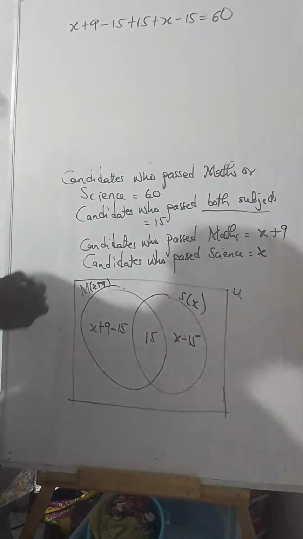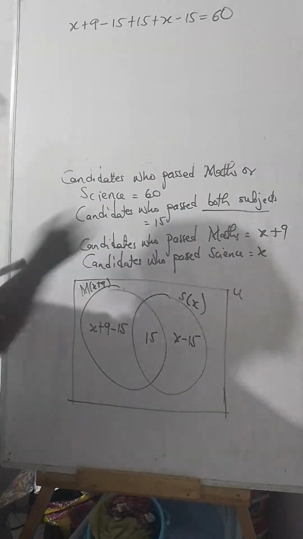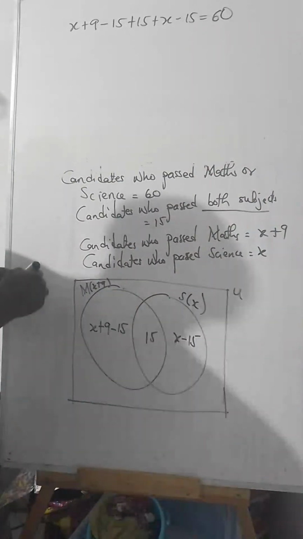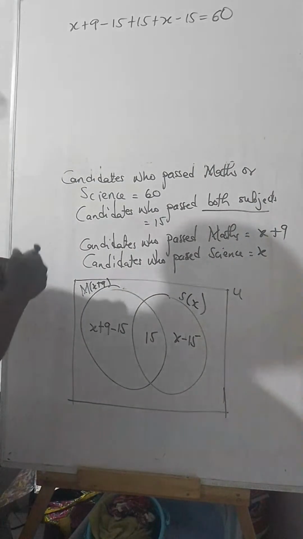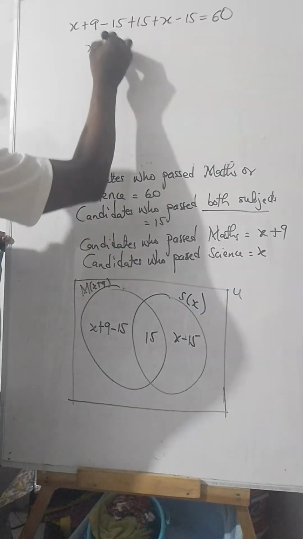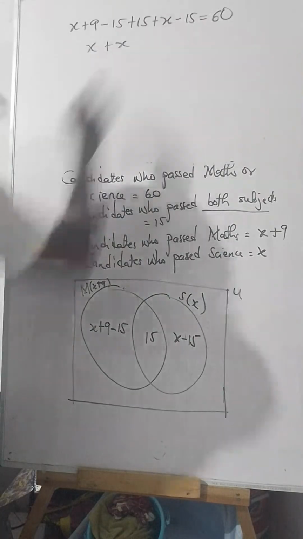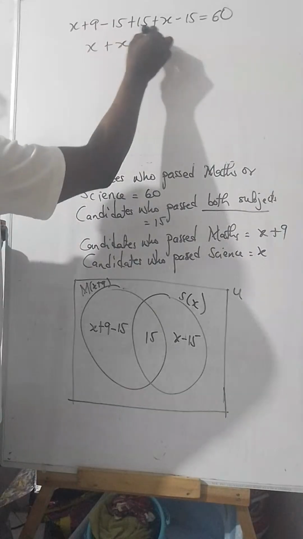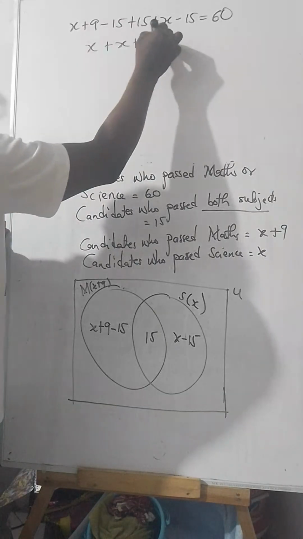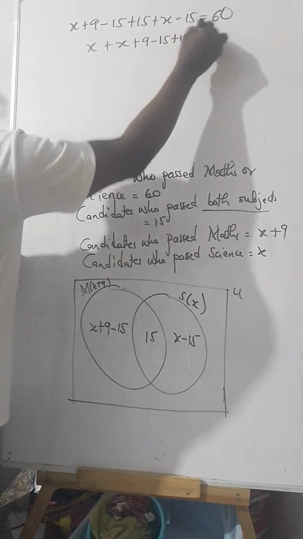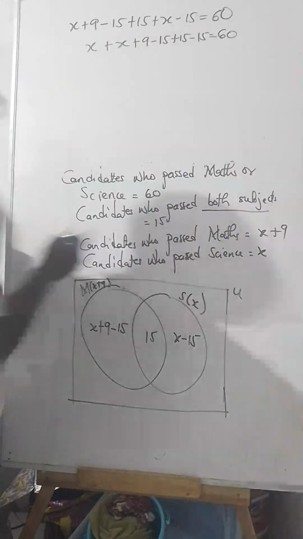which is 60. We are told that the candidates who passed maths or science are 60, right? So here obviously we have x plus x, and then plus 9 minus 15 plus 15 minus 15, and that will give us 60.